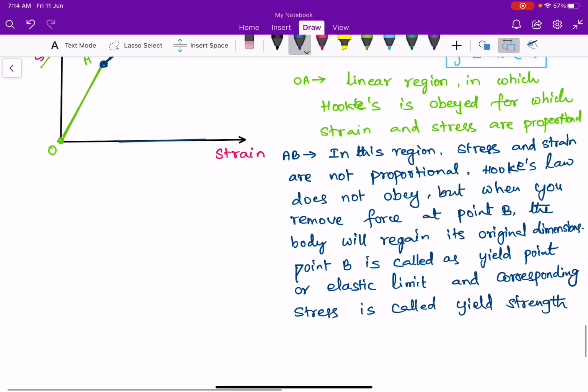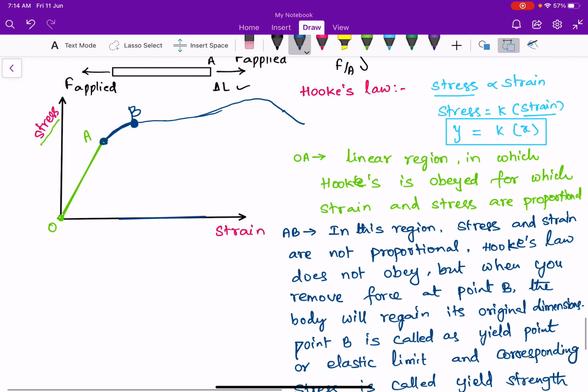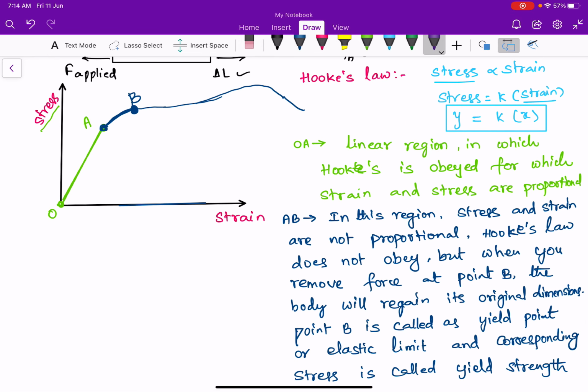The stress at point B is called the yield strength. The point B is called the yield point or elastic limit, and the stress at point B is called the yield strength.